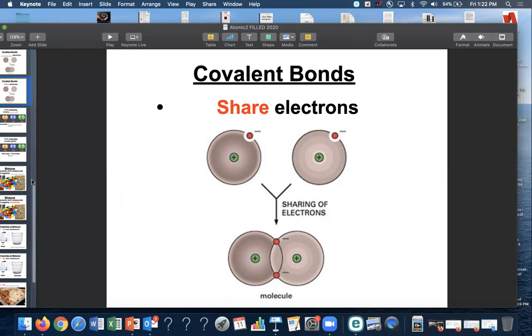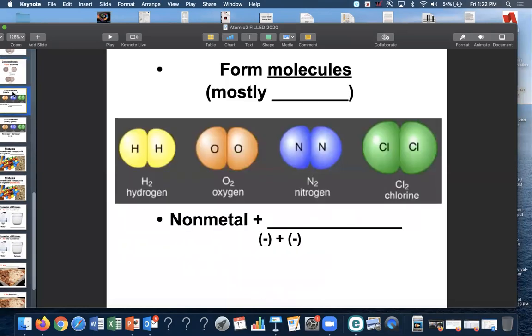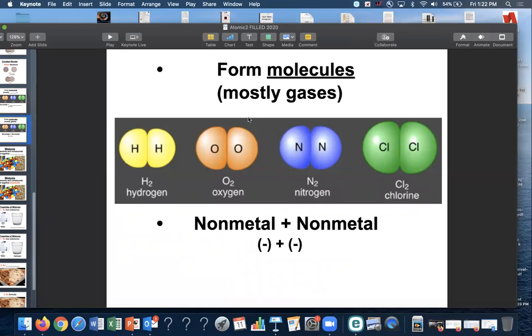All right. A lot of times covalent bonds will form with gases. So these gases, hydrogen, oxygen, nitrogen, chlorine, you're not going to find one oxygen atom just floating around in the air. It's not going to happen.